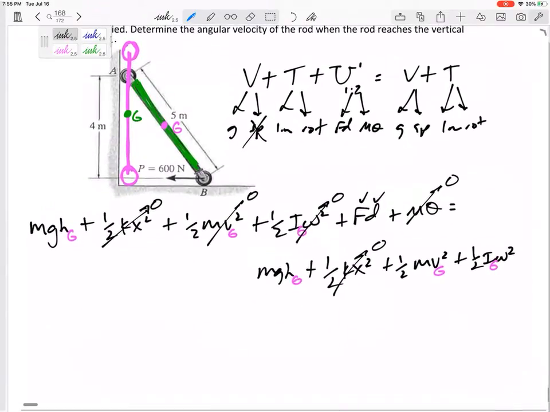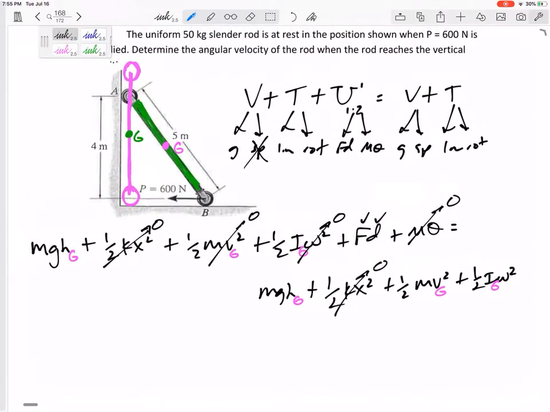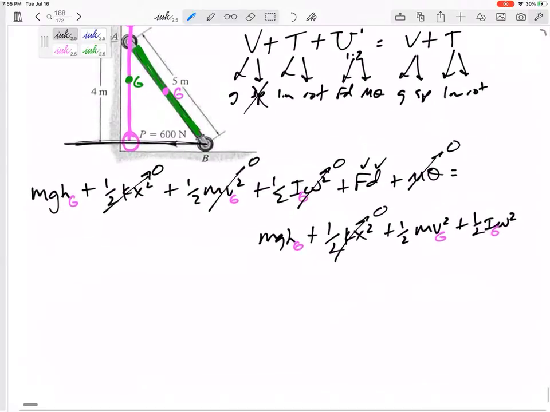All right, let's think about this mgh. Now, you can set your datum level, your 0 height, wherever you want to. So sometimes it's helpful to set your 0 height where it begins or where it ends. But sometimes it's just easy to visualize. This is the ground. Why don't I set my 0 height to be at the ground?